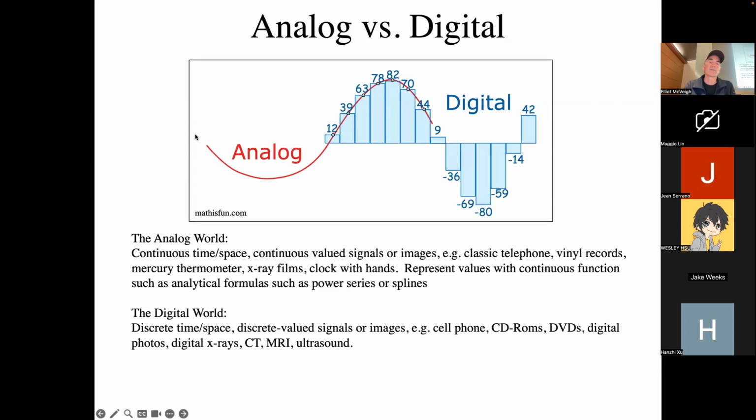And so if you have some signal here, this red line is our signal. Say it's a voltage that's changing as a function of time, and you have a value at every time point for that function. That's a continuous or analog signal. And in old time electronics, that's what they used to use. Voltages were continuous and stuff like that.